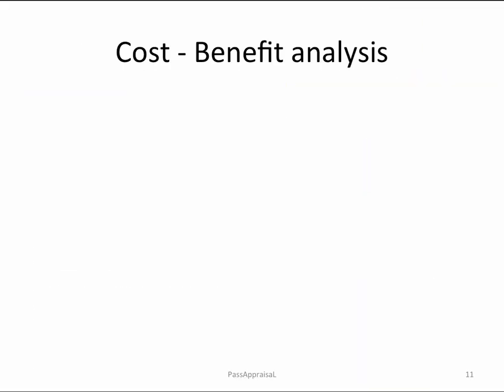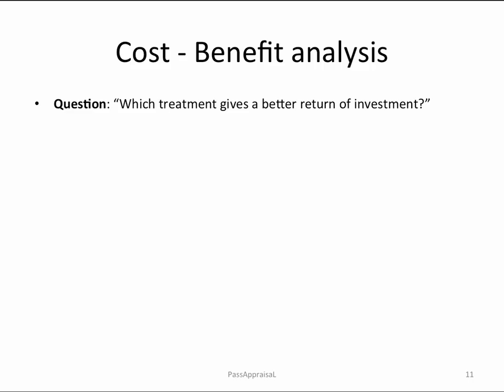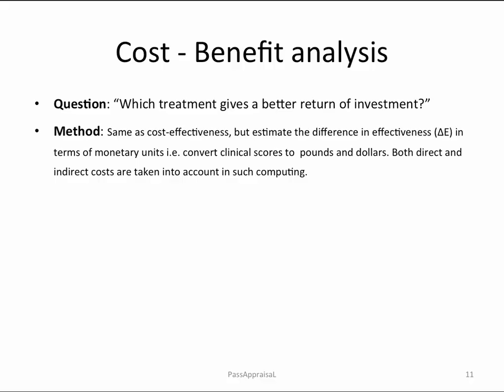Next comes the cost-benefit analysis. This answers the question, which treatment gives a better return on investment? The method is the same as cost-effectiveness analysis, but the difference in effectiveness is estimated in terms of monetary units. This is done by converting clinical scores to pounds and dollars.